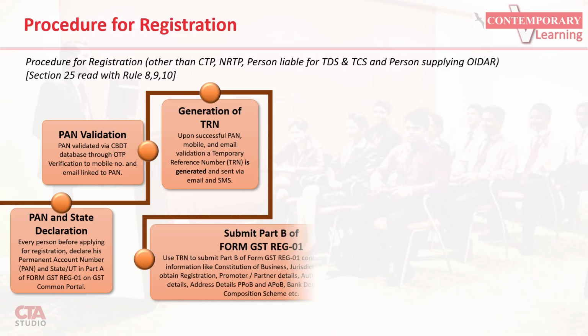Submit Part B of Form GST REG-01. Using the TRN, you submit Part B of Form GST REG-01 containing comprehensive business information like constitution of business, jurisdiction, reason to obtain registration, promoter/partner details, authorized signatory details, address details for PPOB and APOB, bank details, and option for composition scheme if applicable.